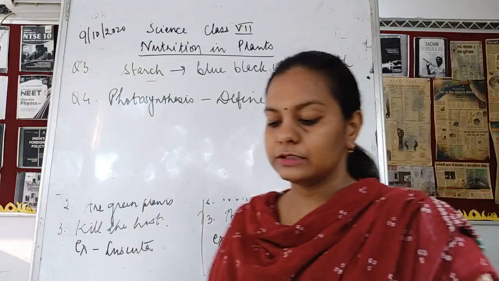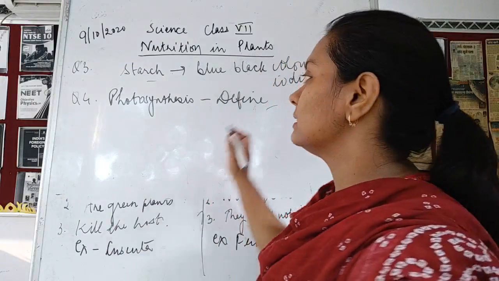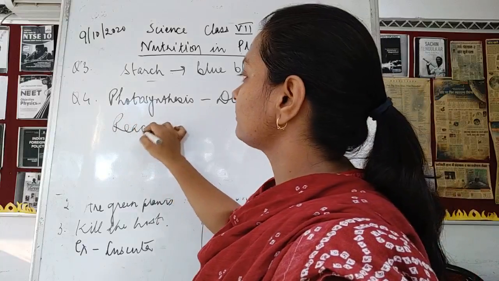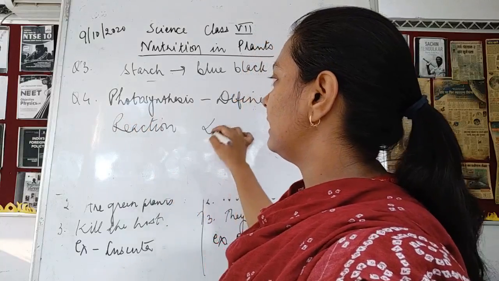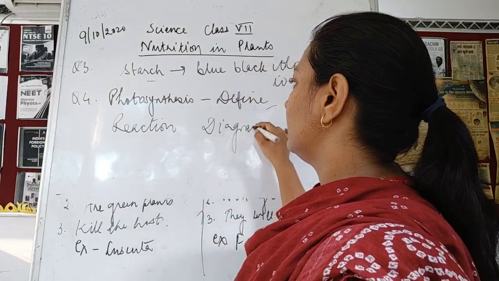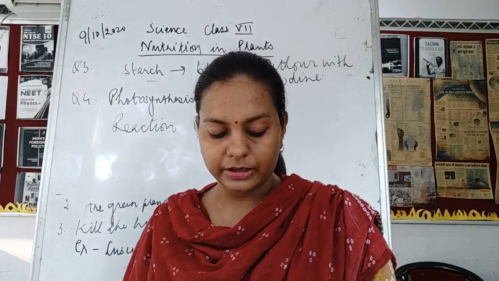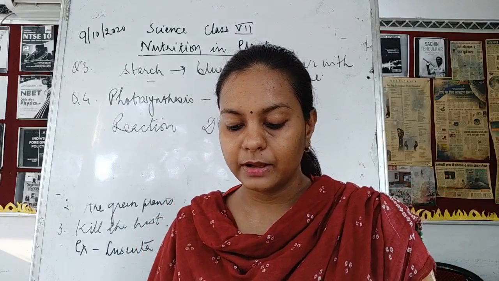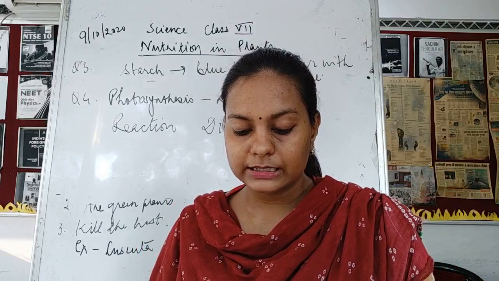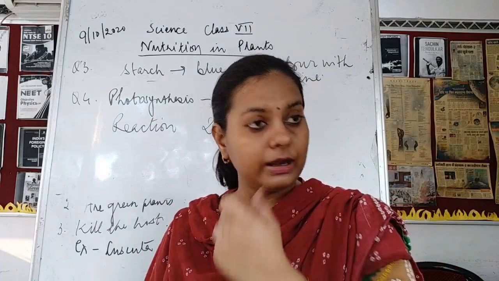The next is you will write down the process of photosynthesis. You will write down the reaction, and you will make a diagram. It has already been given over here. You will utilize that. The raw materials of photosynthesis are always taken up by the green plants, and during photosynthesis chlorophyll is required.